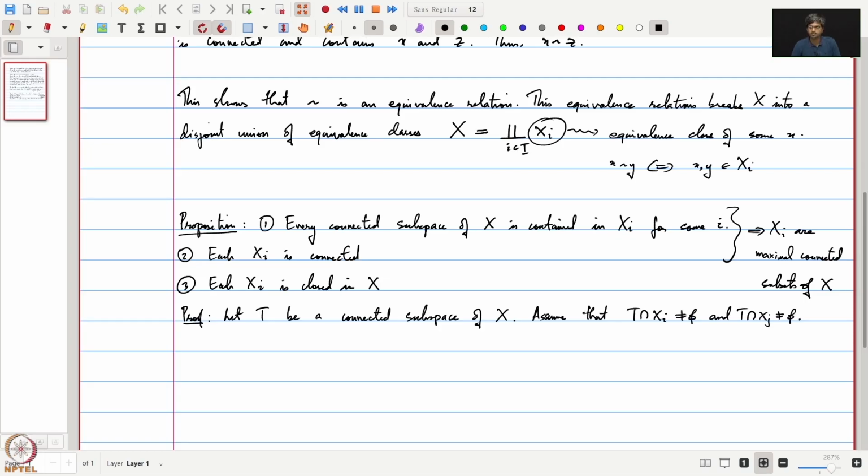So let's assume that a connected subspace meets two Xi's: T intersection Xi is not empty and T intersection Xj is not empty, where i is not equal to j.